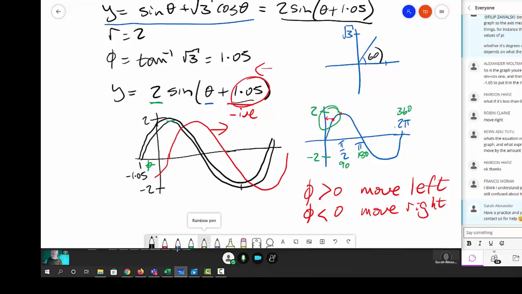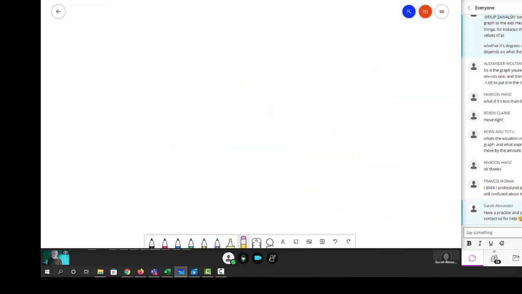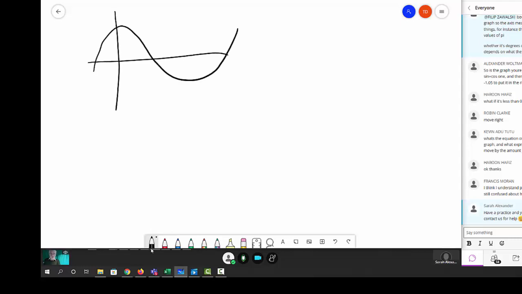Okay, I'm going to leave it there because there's some other stuff I'd really like to get finished before we break. So what we've done, let's imagine we have a curve that's doing that. So we've got y is equal to r sine (theta plus phi). Okay, so that's the graph that we've got there.